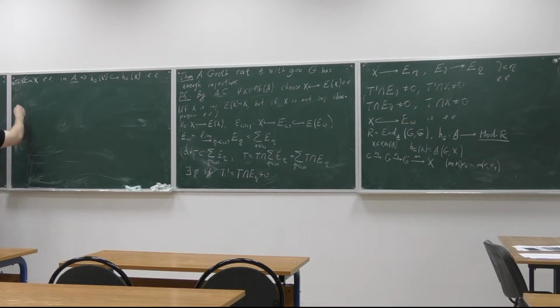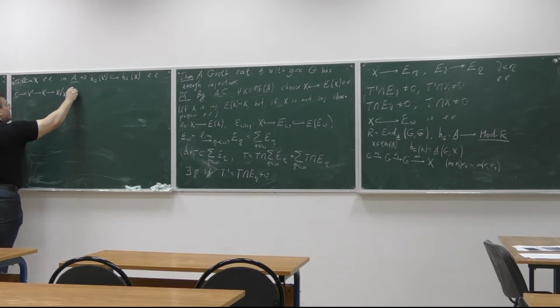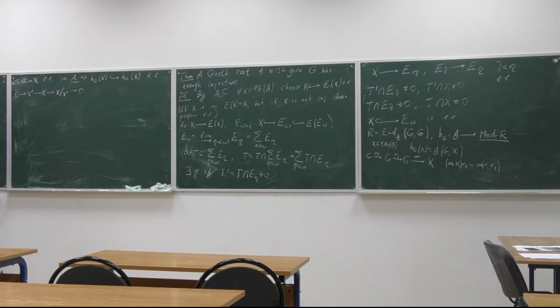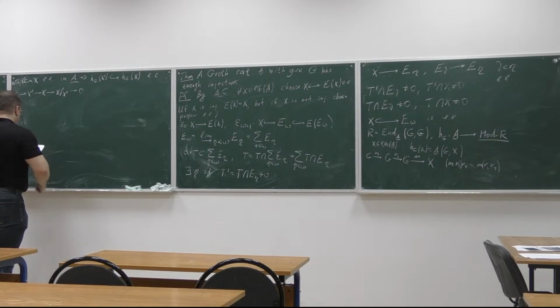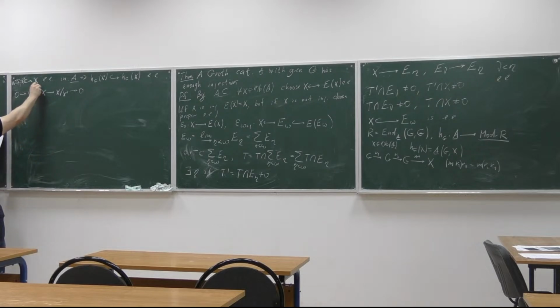Okay, so let's complete this essential extension to the short exact sequence. We know that the H sub G is the left exact functor. So let me also call this essential extension F. I'm going to need this notation later.